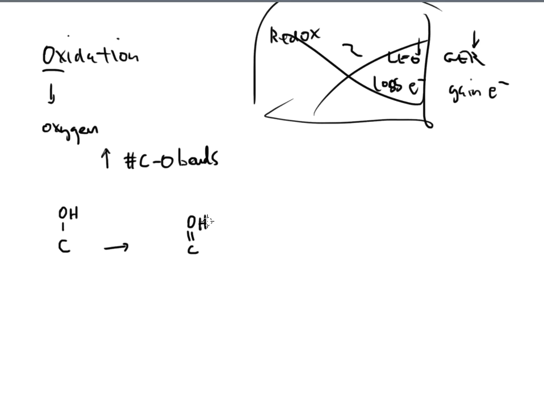I know. So we have to get rid of something. And what we get rid of is that hydrogen there. So this is an example of an oxidation reaction. The number of C to O bonds will increase. By definition, that is oxidation, and this is the section of organic reactions that we're going to concern ourselves with when it comes to alcohols now.